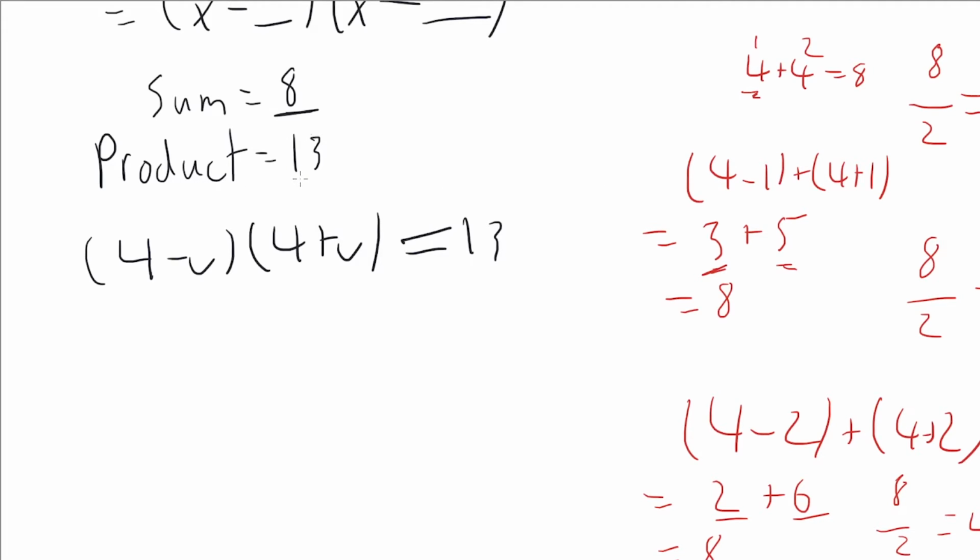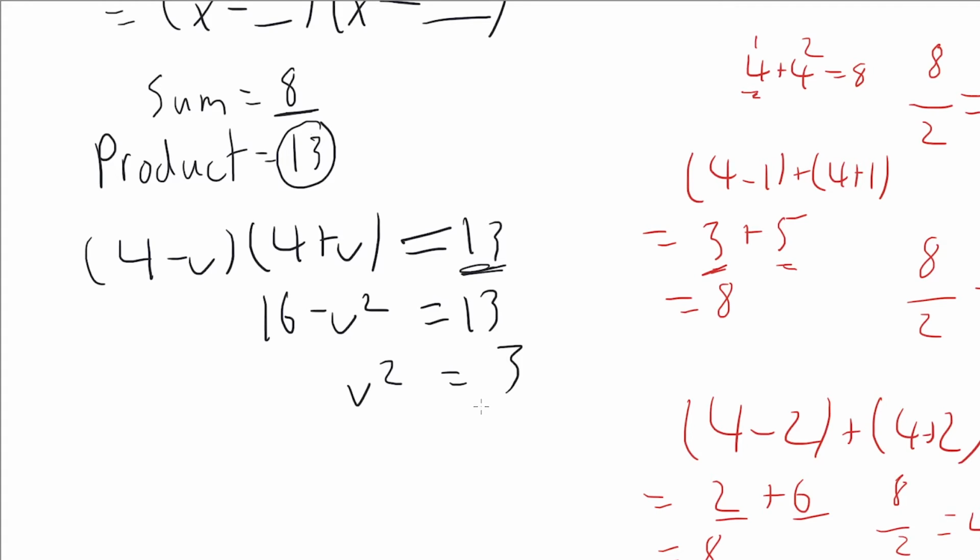And our product here is 13, which is what we have right here. You may have already noticed that this is actually a difference of squares. This would be 16 minus v squared, which is equal to 13. That just means v squared is equal to 3, or v is equal to plus or minus the square root of 3.